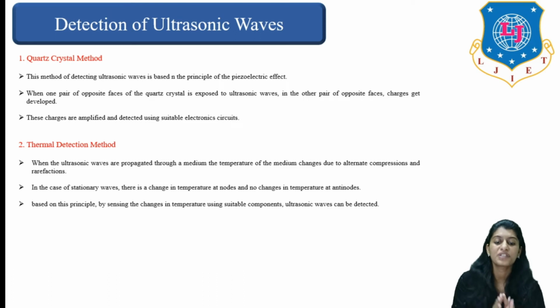The temperature of that particular medium will be changing with respect to time. Now, in case of a stationary wave, there is a change in temperature at nodes and no change in temperature at antinodes. Based on this principle, by sensing the change in temperature using a suitable component, we are detecting ultrasonic wave using the thermal detection method.